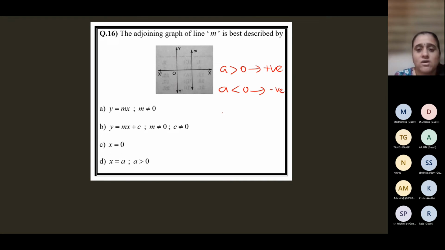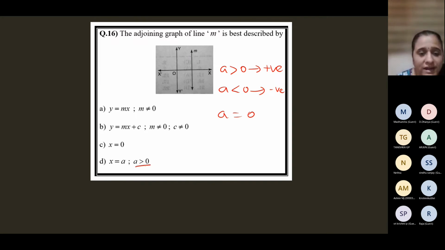Or it can be a = 0, which is neither positive nor negative. a > 0 indicates it is positive, and a < 0 indicates a is negative.